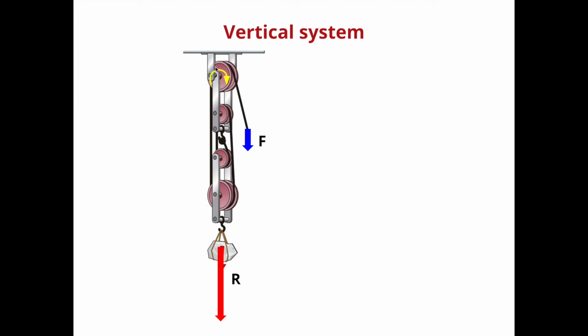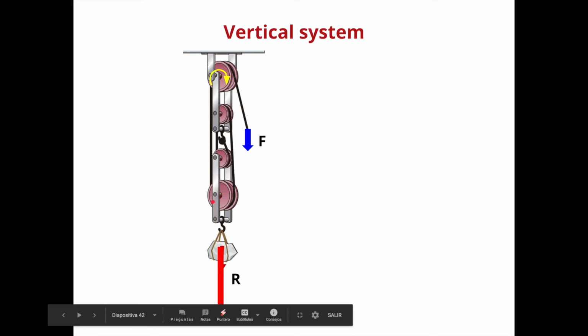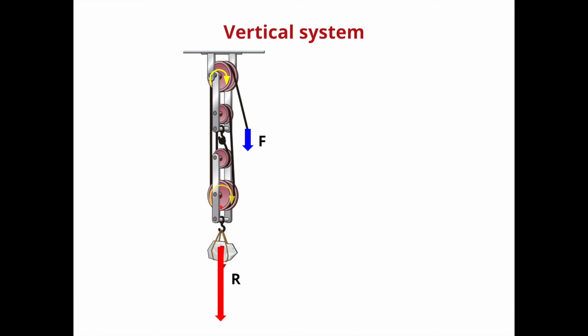Now, this is going to be the direction of the pulling, because we pull the rope from here, and now follow the rope. This is where it goes, so this is going to be lifted, so the pulley moves this way. This is exactly the same. Now, this way, what happens with this?